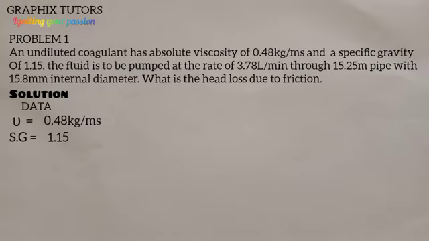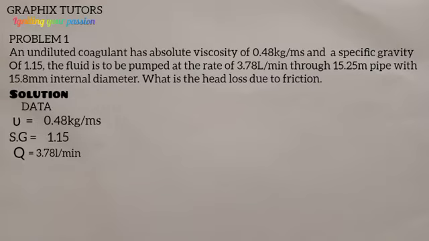Now the next one says the fluid is pumped at a rate of 3.78 liters per minute. Since it is a rate, it is related to time, so that is the discharge. So the discharge is given as Q equals 3.78 liters per minute.